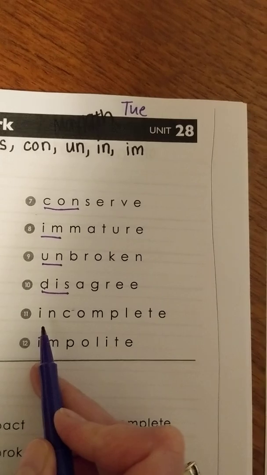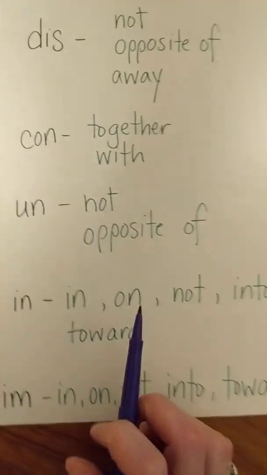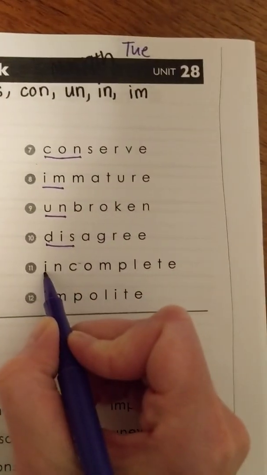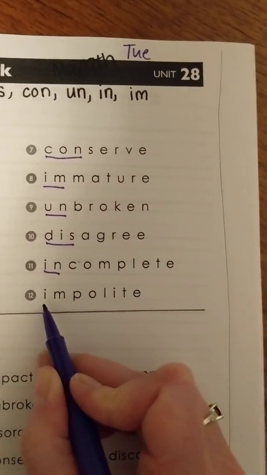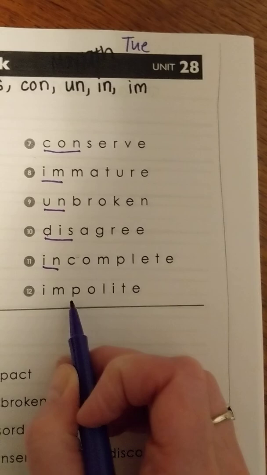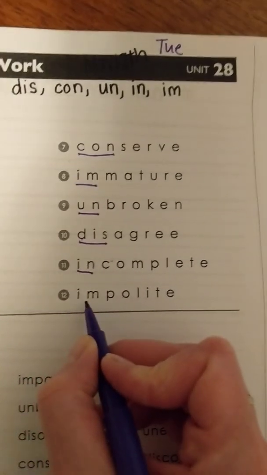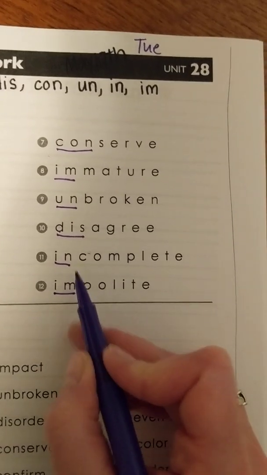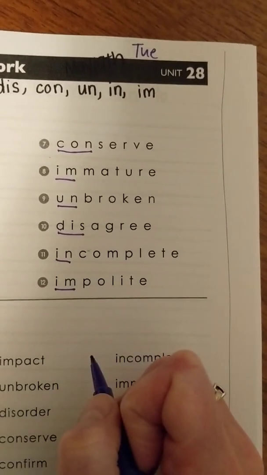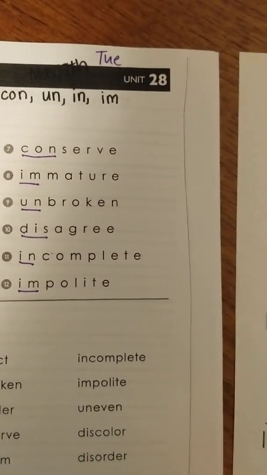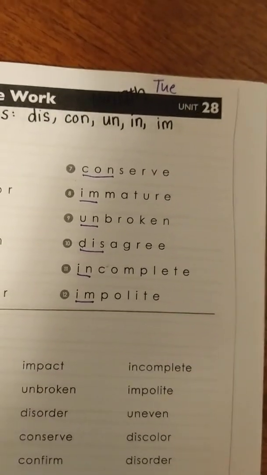If something is incomplete, well, remember in can mean not. So it is not complete. And then we have impolite, somebody who is impolite. Im also means not, so it means that they are not polite. So again, in and im, it just depends on the word as to whether it uses in or im, and you just kind of have to remember which one is which, okay?